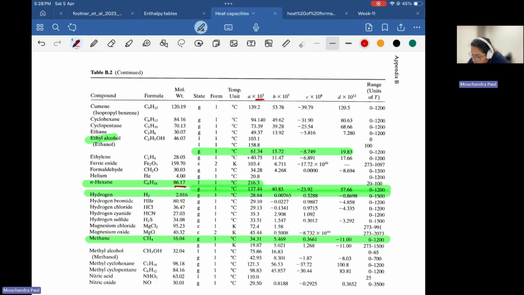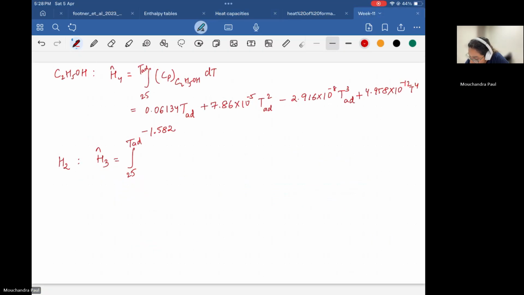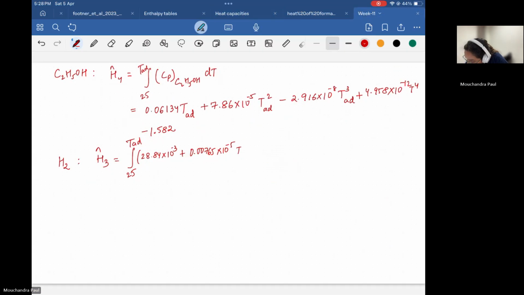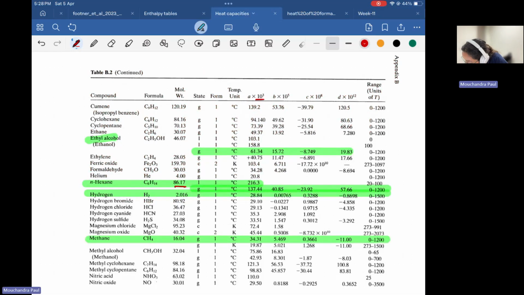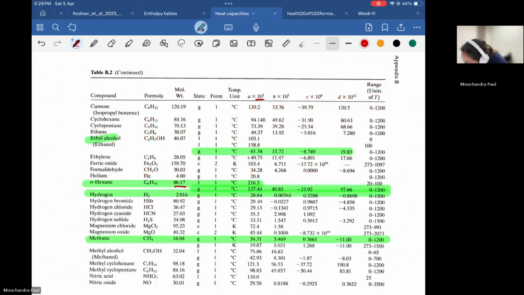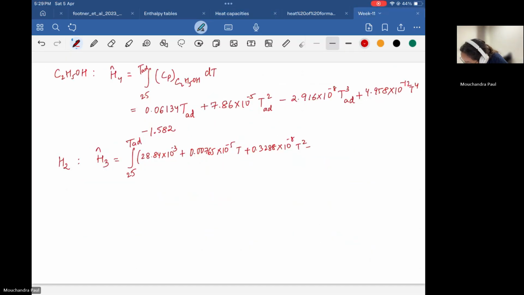Yes, when you simplify it, you should get the expression.